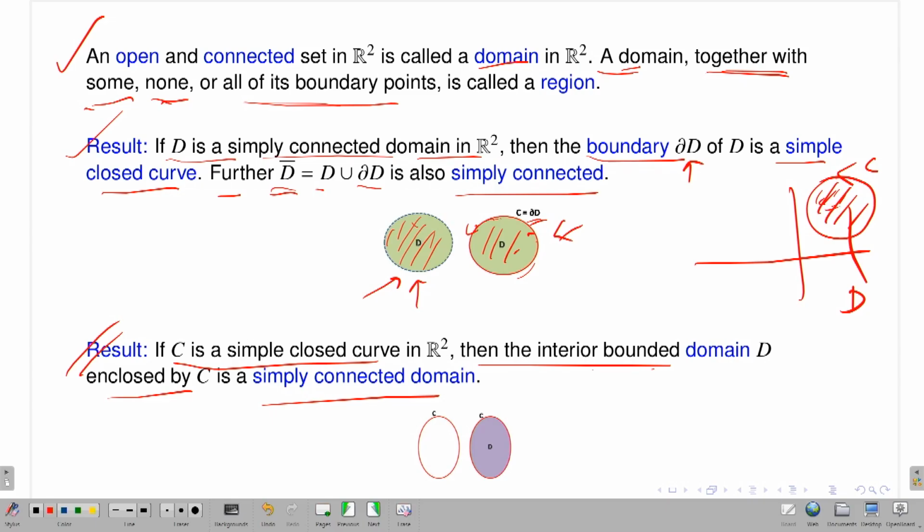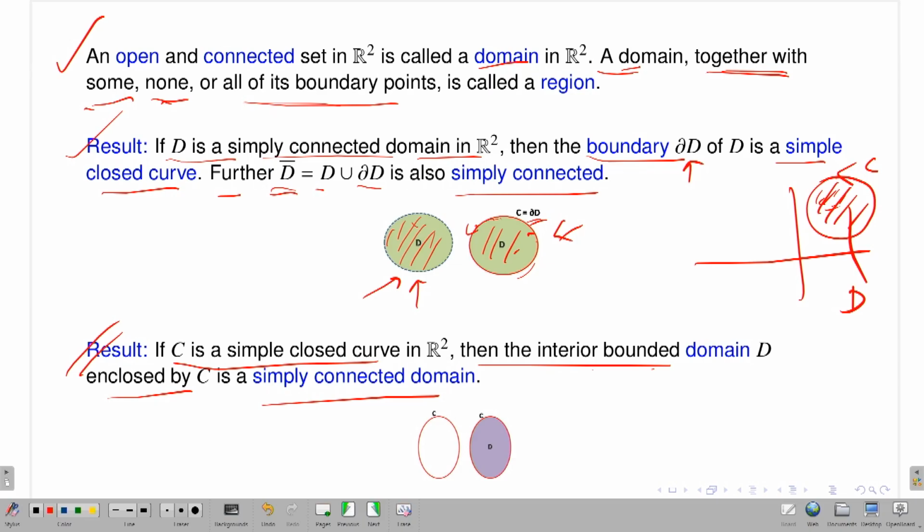So that means I have two observations. One is that if I start with a simply connected domain, then its boundary del D is a simple closed curve. That is the first result. The second result is that if I start with a simple closed curve C and look at the interior region enclosed by it, and denote it as D, this is also a simply connected domain.